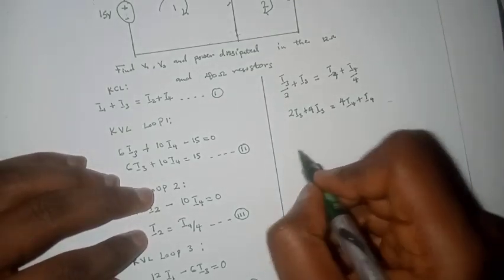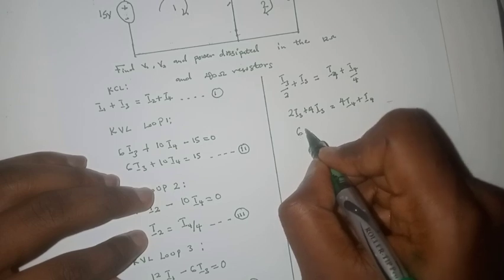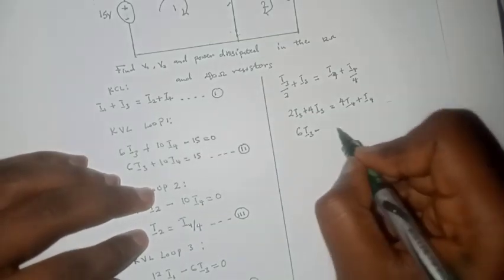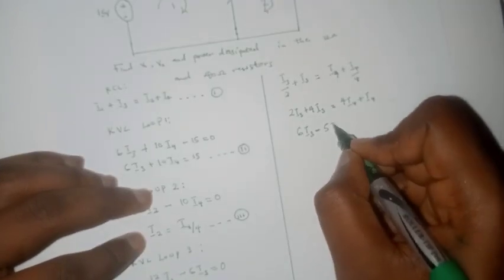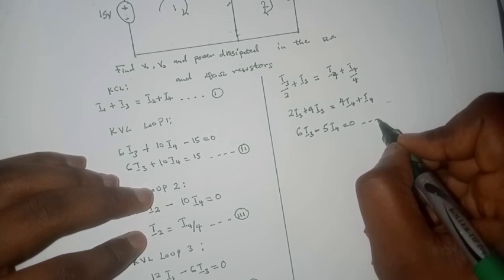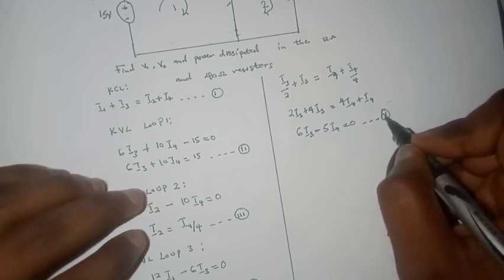Then we sum them up, then we have 6I3 minus 5I4 equals 0. Let's call this our fifth equation.